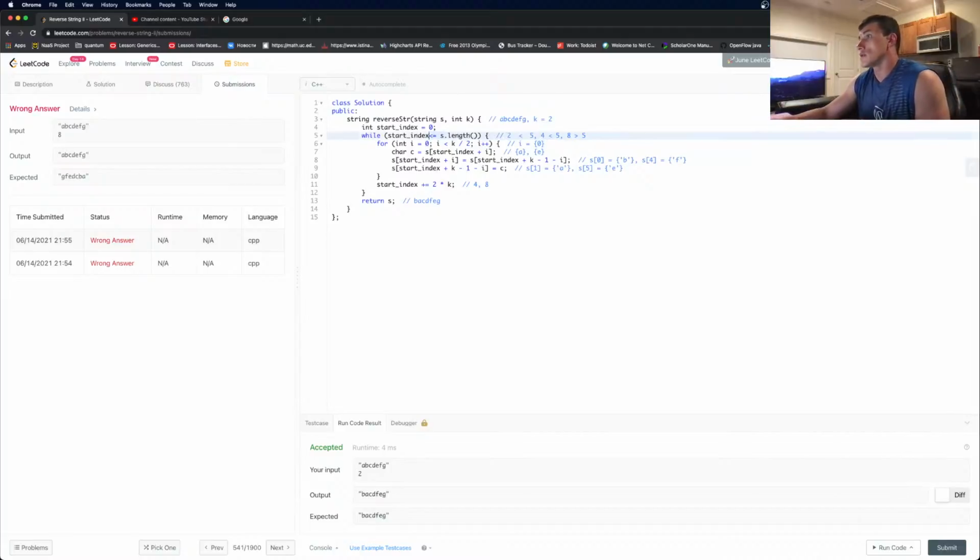If start index is... so initially it will be 0, right? Then 4, then 8 is less or equal than the max between s length and k, which is, yes, I know, stupid, but this is how it works.